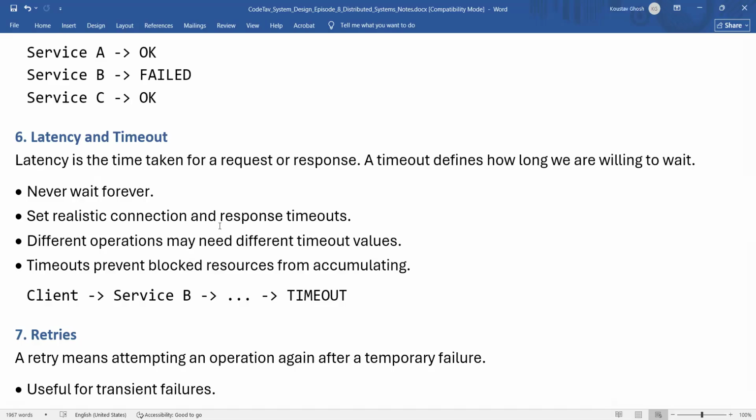Soon, new requests may not get resources. This can create a chain reaction, so one slow service can eventually affect many other services. A good distributed system uses connection timeout, read timeout, request timeout, and so on. The exact value depends on the application. We should not randomly choose a very large timeout. We need to consider a minimal timeout according to our business logic and other requirements.